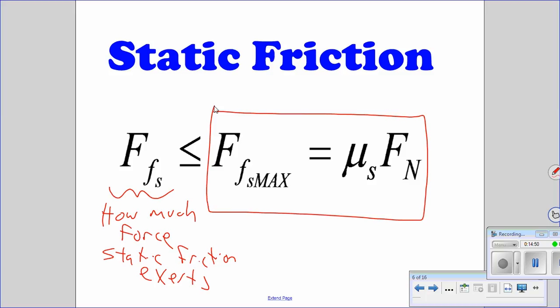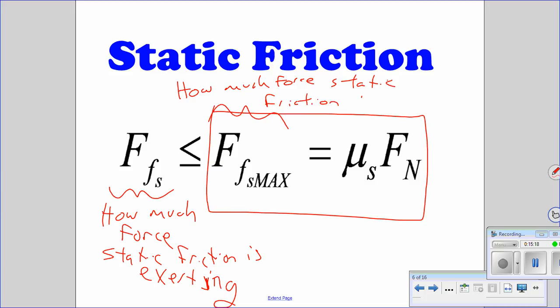So this FFS, when you write FFS, you're talking about how much force static friction is exerting on the object. Okay? I like "is exerting" better than "exerts." So that's how much force static friction is exerting within the context of your problem. Whereas this number here is how much force static friction can exert.